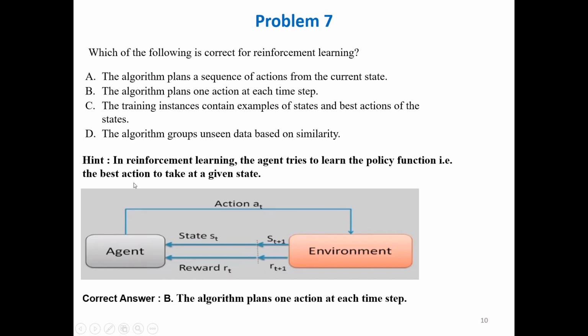And once the action is taken and implemented in the environment, based on that action and the state of that environment, again in the next time step the reward will be updated. And based on that R t plus 1, action A t plus 1 will be taken. So this reinforcement learning algorithm plans one action at each time step. It cannot happen simultaneously.